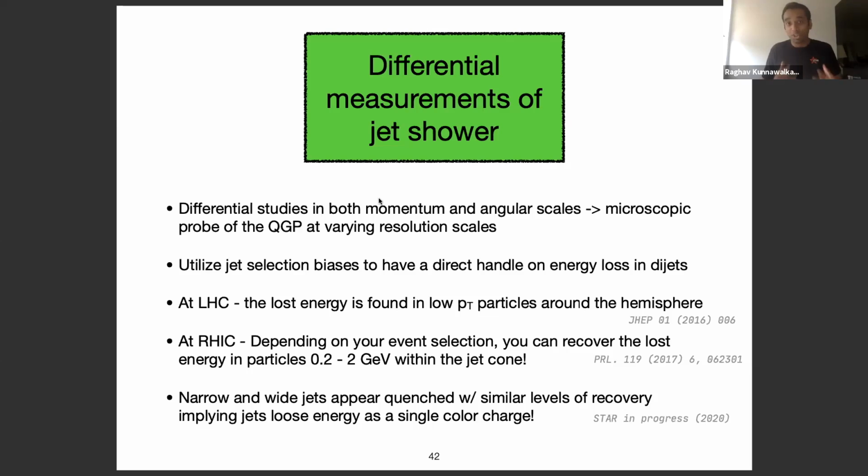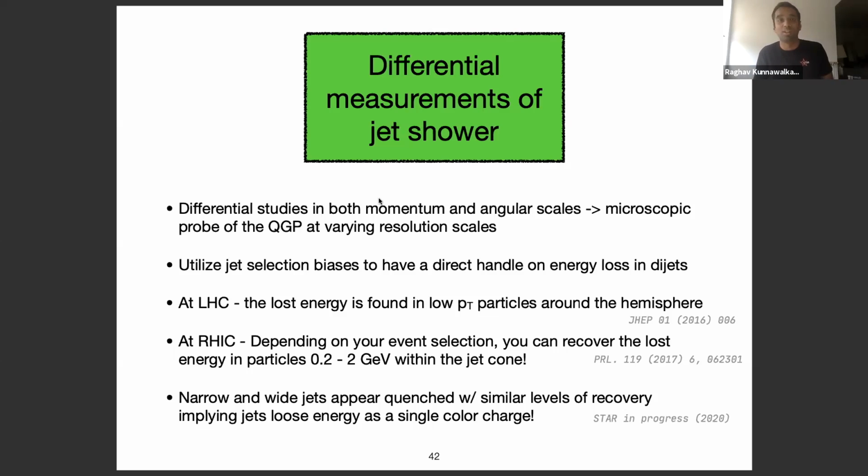Biases are good as long as we understand them, and then we move forward to an unbiased spectrum. The recovery of energy that you lost at RHIC energies: if you have this dijet selection, you're recovering all of it in softer particles. In the inclusive case, you're still not recovering it. In the semi-inclusive case at RHIC, you're still not recovering this energy.